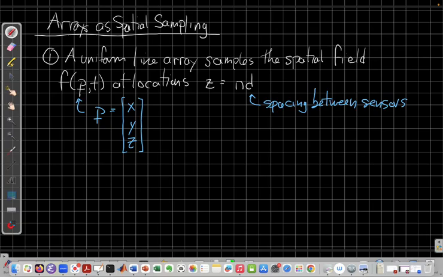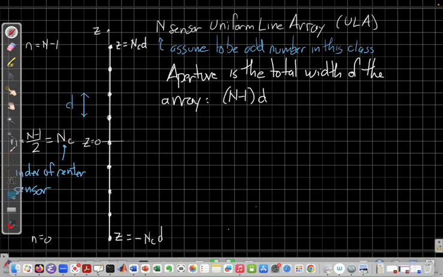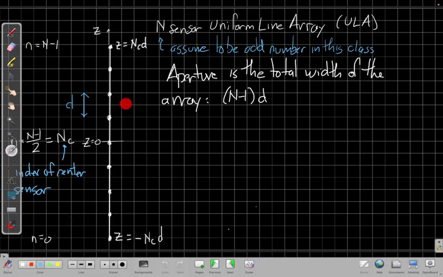So if we switch back to the image we had from our first video on the uniform line array, again, we're assuming our uniform line array here is lined up along the z-axis, and that we're sampling at every d. And for now, we're going to pretend it goes on forever, so that these things sampled by d go on forever. And we'll assume eventually that it's centered at zero.